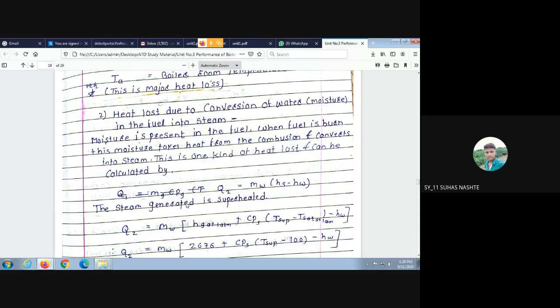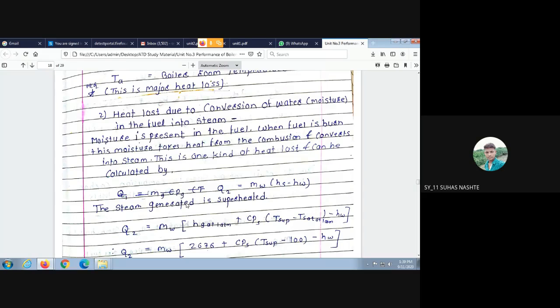When fuel burns, this moisture takes heat from the combustion and is converted into superheated steam. This loss is calculated by the formula Q2 = MW (Hg at 1 atmosphere + CPS (T sub minus Tsat) minus HW).